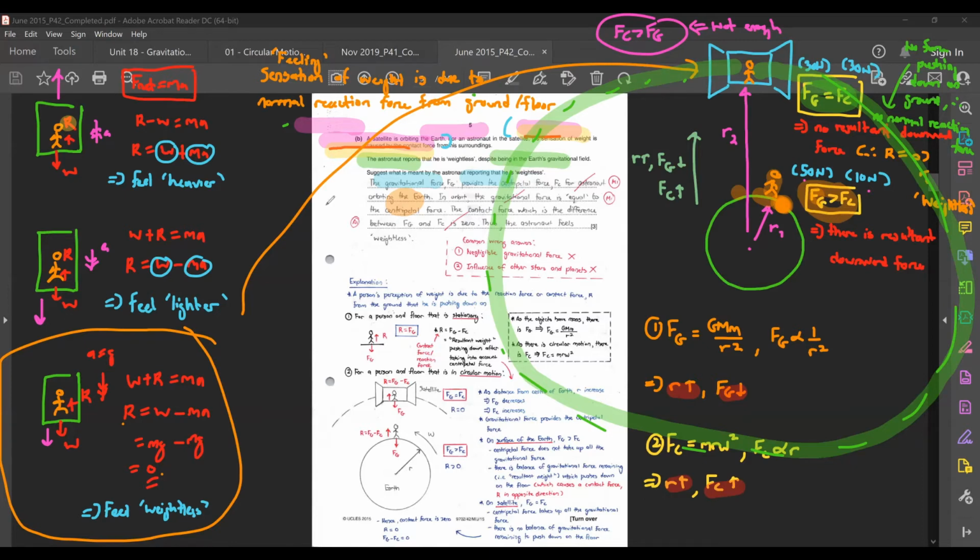In your case here, if let's say your satellite moves too far away or moves too fast, so that your centripetal force becomes more than your gravitational force, this means not enough Fg to provide your Fc.